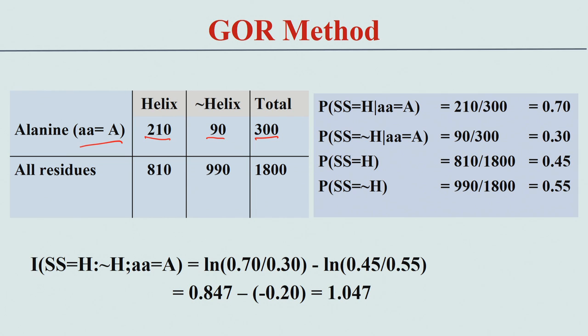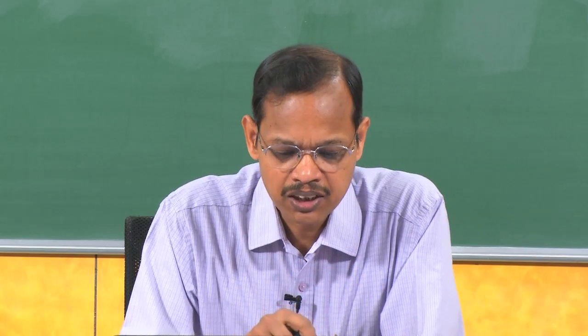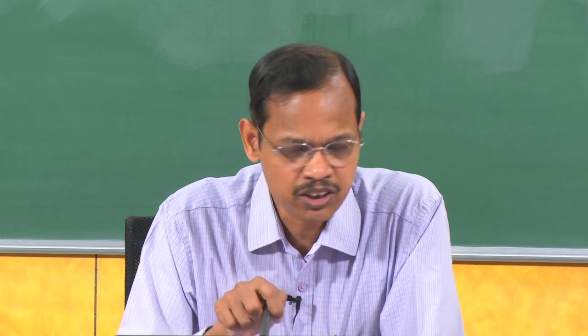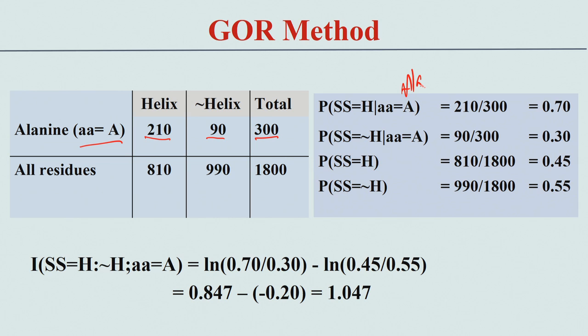Using this information, we can derive the information content, right. For example, the probability of alanine in helix. What is the probability? Totally how many residues? 300 alanines, right, we are talking about alanine. With 300 alanines, how many alanines are in helix? 210.